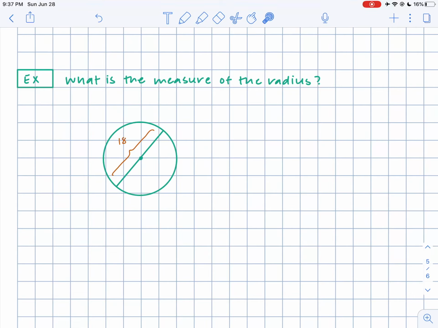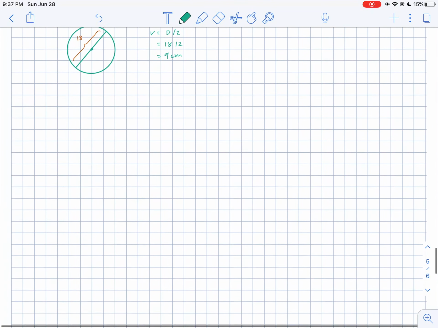And what do we know about the diameter? We know that the diameter is 2 times the radius. So here's one radius, here's another radius. So if our diameter is 18, then our radius would just be half of the diameter. So we know that the radius is 9. Now let's just say centimeters.